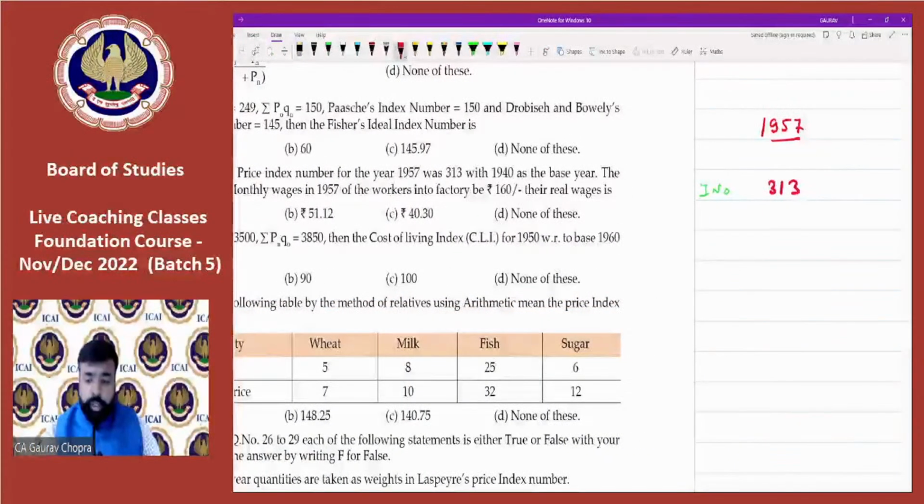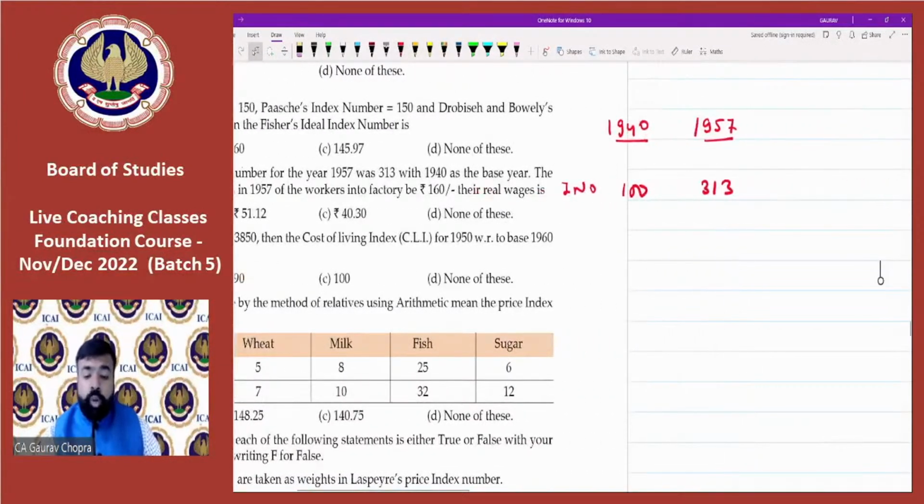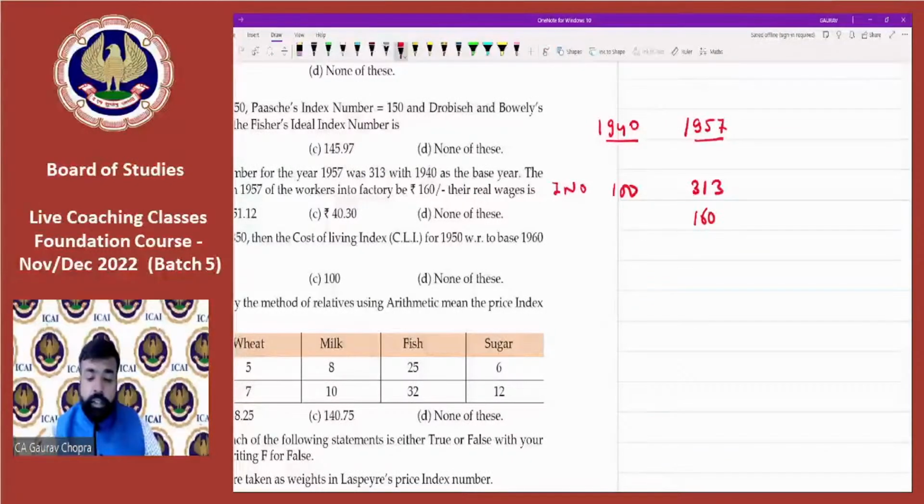And for 1940, which was the base year, index number 100. The average monthly wages in 1957 was 160. This was wages.